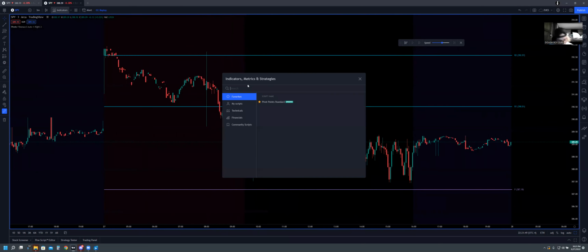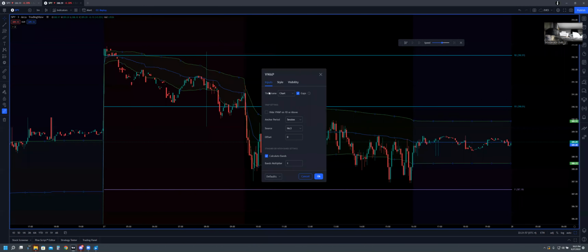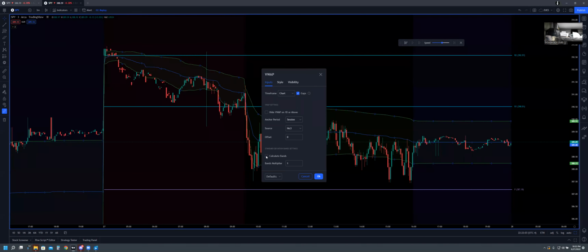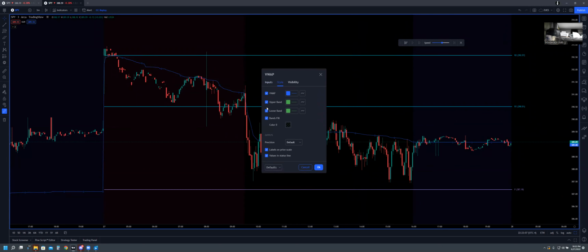It's the VWAP, and when I use VWAP, I turn all this extra noise off. I go right here, calculate bands. I don't really care for the bands. All I care about is the middle line, the actual VWAP. So you can turn off upper band, lower band, bands fill. Just leave VWAP on. I like to change this to about pinkish.